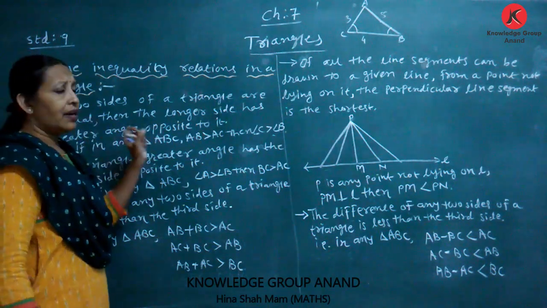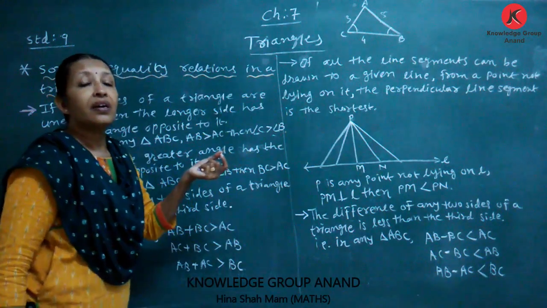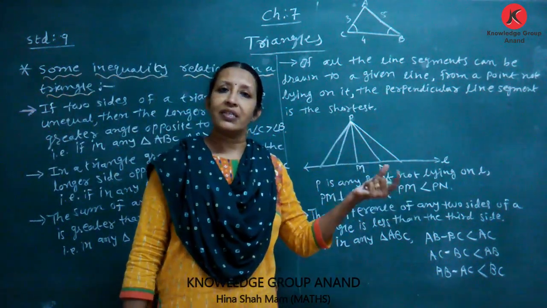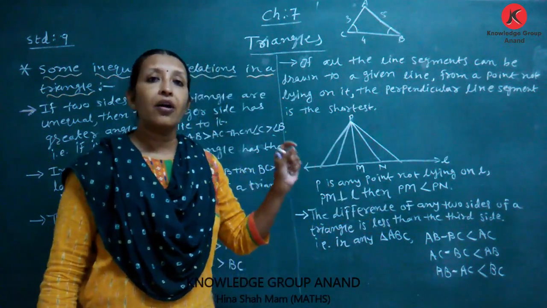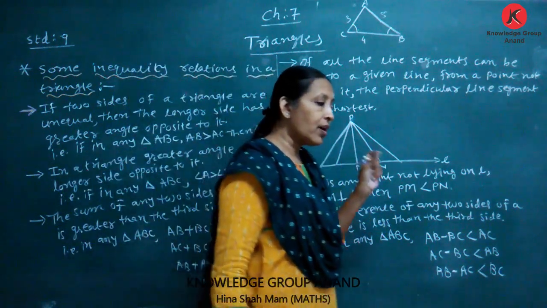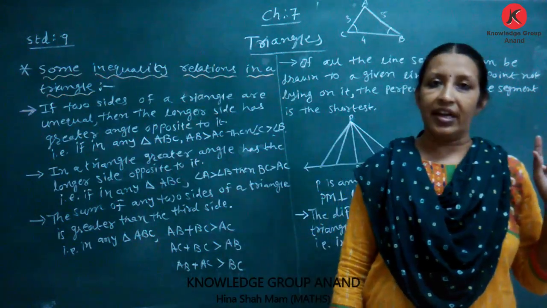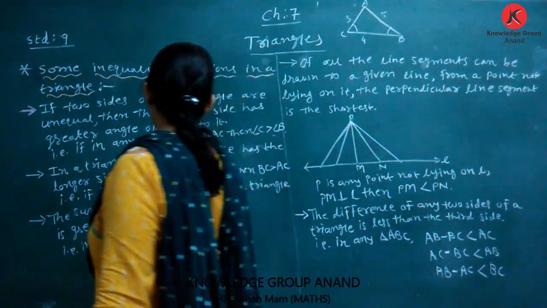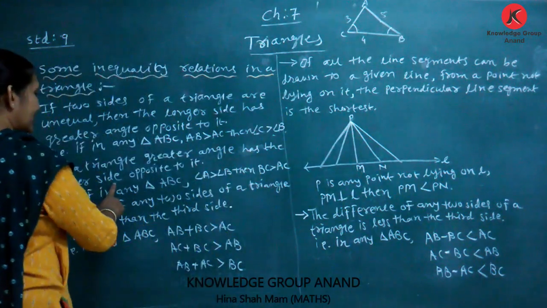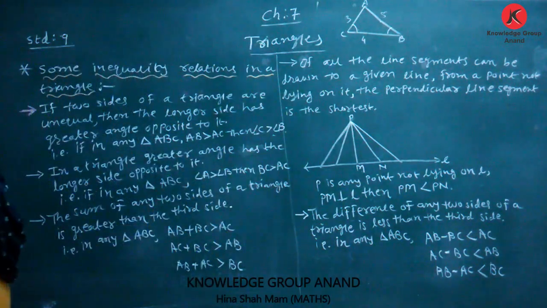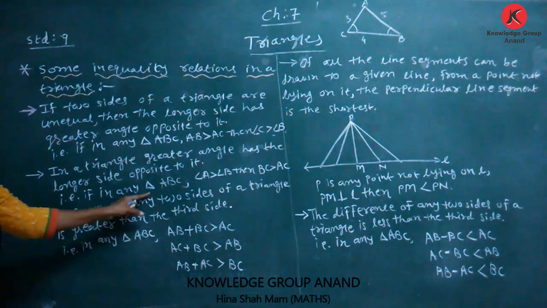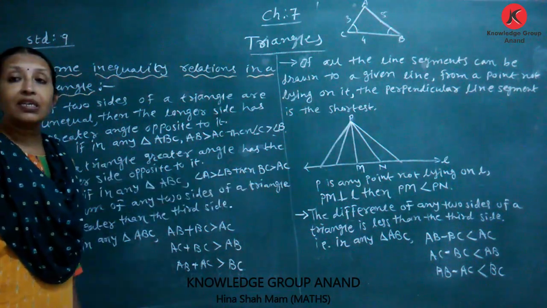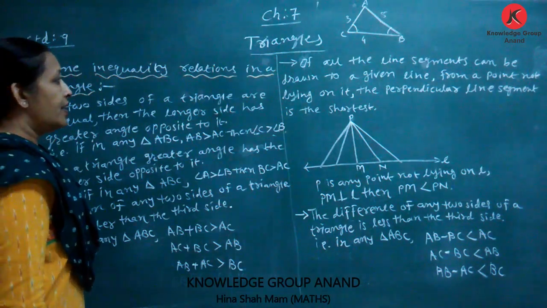In a triangle, the opposite angle of the greater side is greater, or the opposite angle of the longest side is the greatest angle. Second number: in a triangle, the greater angle has the longer side opposite to it. That is, if in any triangle ABC, angle A is greater than angle B, then BC is greater than AC.